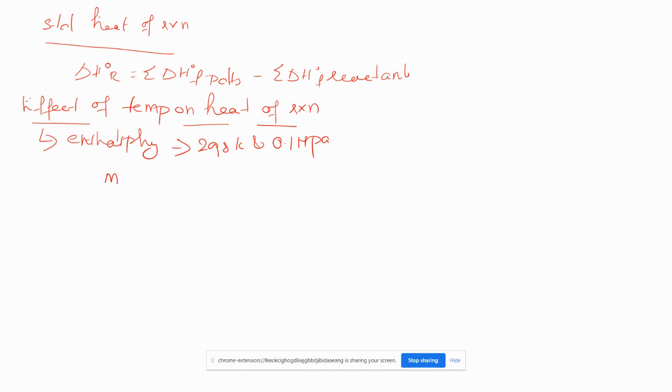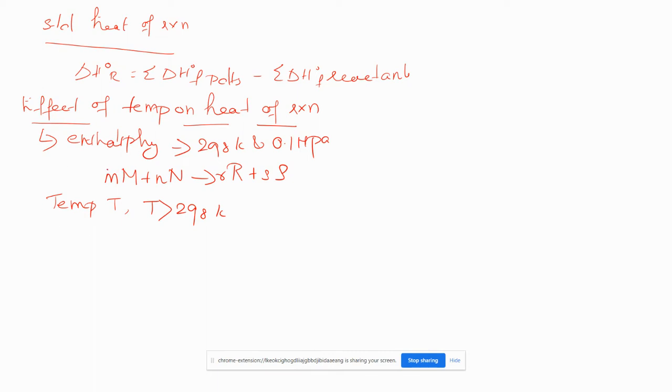Now consider a reaction mM plus nN gives rR plus sS, which is being carried out at temperature T, where T is greater than 298 Kelvin, and the reactants and products are all in the standard state.